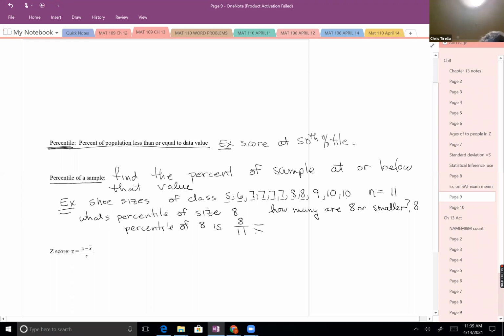And so if I take 8 and divide it by 11, and again, in this section of the chapter, I said the other day, you should feel comfortable using a calculator, because this is computation you would do as an adult. That gave me about 0.73. And so that would be 73%. So we'd be at the 73rd percentile.